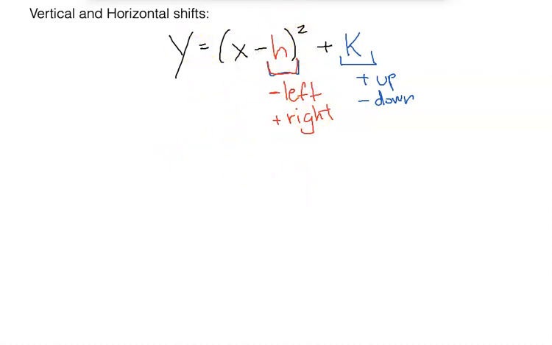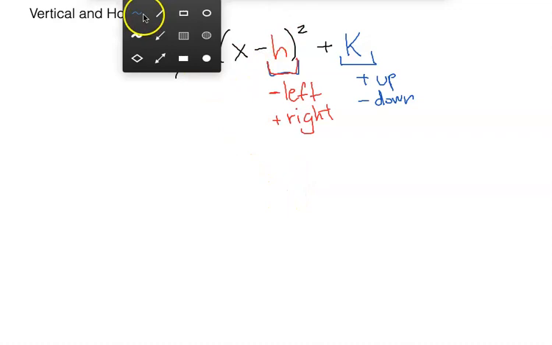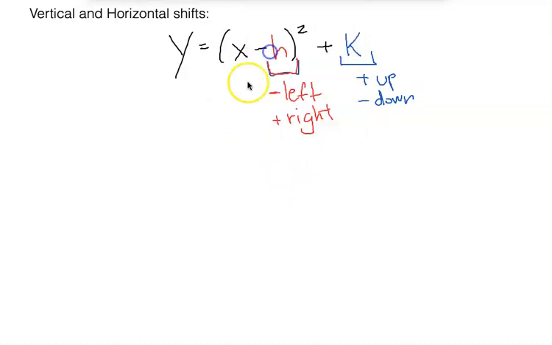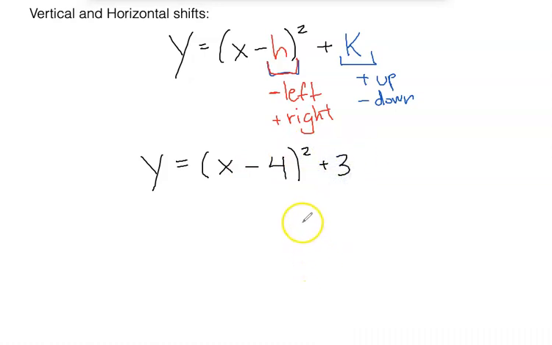So let me give you an example of an equation you might see. How about y equals (x minus 4) squared plus 3. So what do you think the horizontal and vertical movements are going to be?